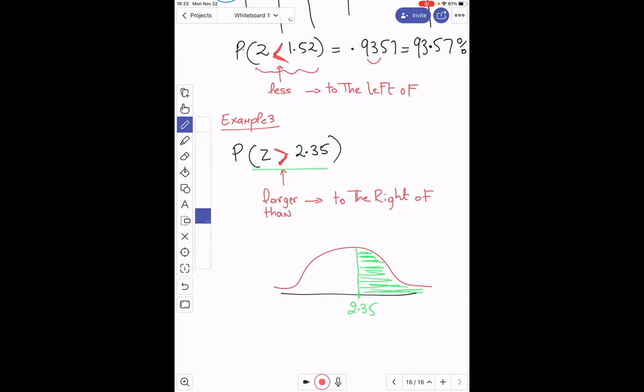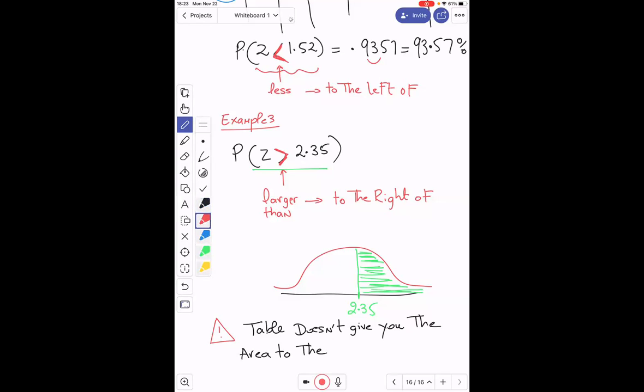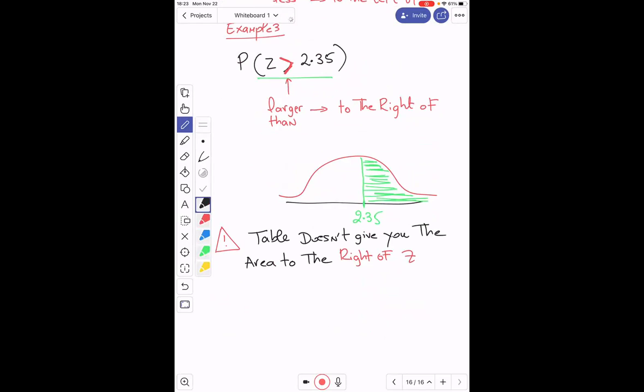So this is like a warning. The table doesn't give you the area to the right of z, of your variable or of your number. It gives you the area to the left, right?